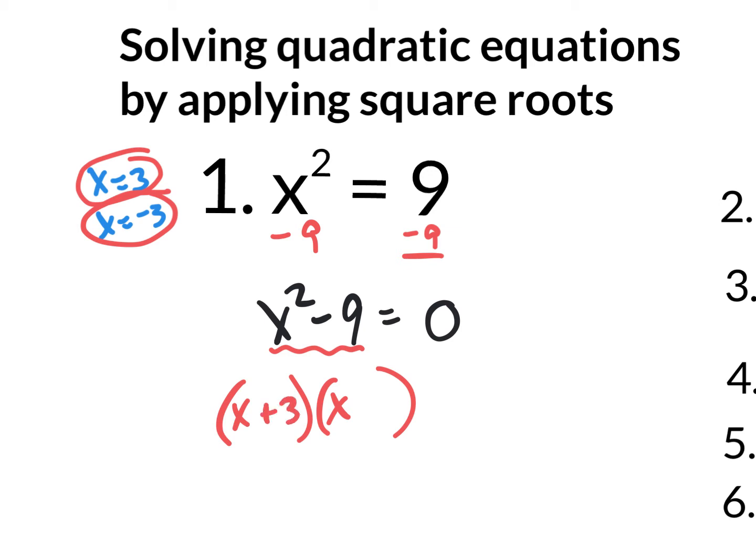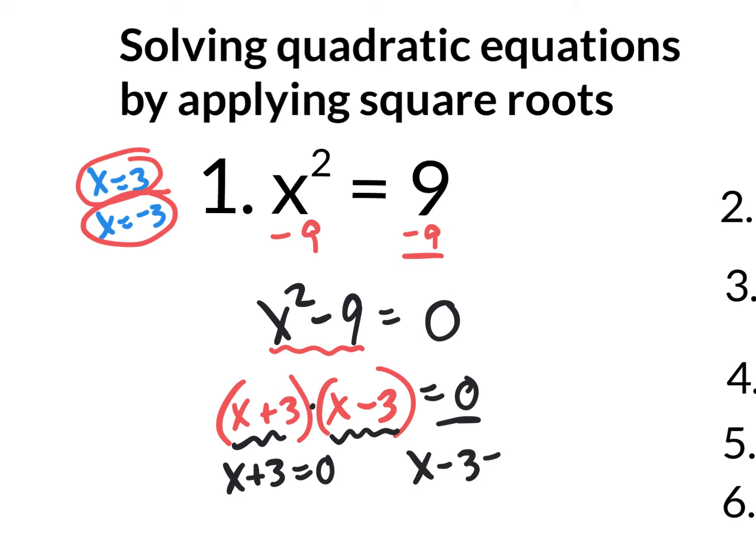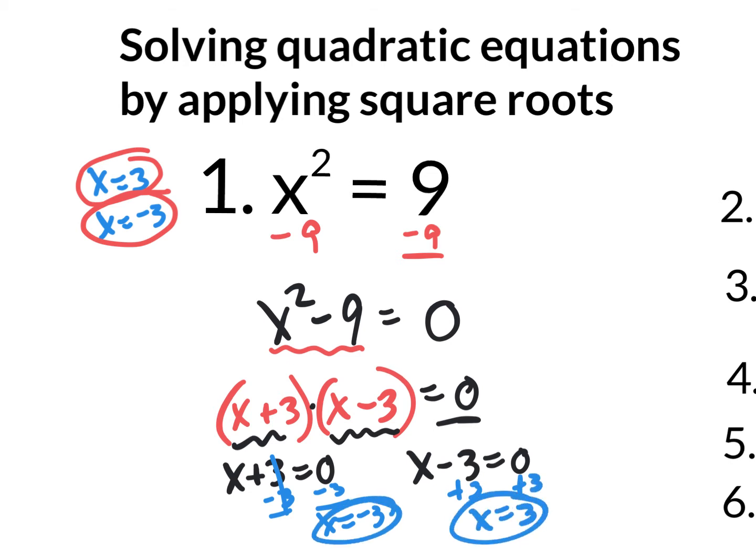Well, that'll be a positive 3 and a negative 3, and it's still equal to 0. And using the zero product property, this times this equals 0. I could split it and say the first, x plus 3, could equal 0, and the second, x minus 3, could also equal 0, giving me my two answers, x equals negative 3 and x equals, obviously, positive 3. So those are my two answers right there. Same two answers as up here.